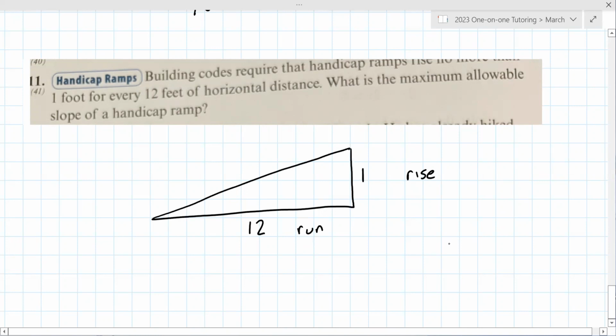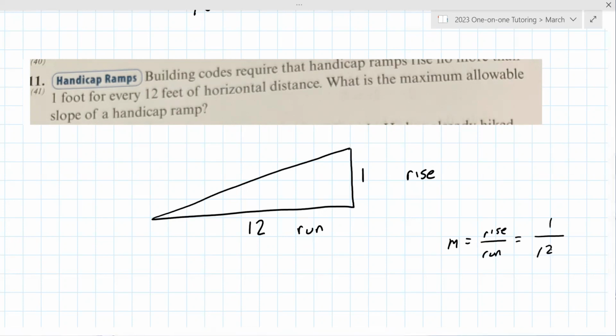So the maximum slope, rise over run, is 1 over 12. That's the slope. That's it. Sorry, it's not more complicated, but it's important.